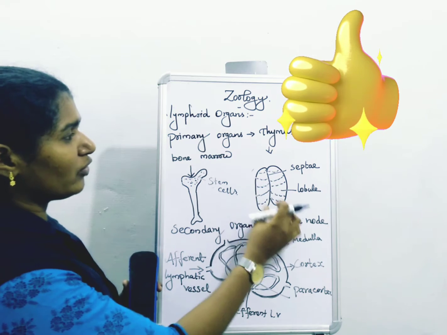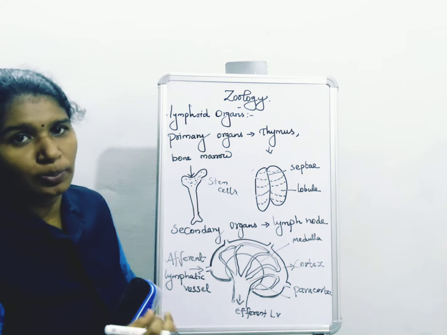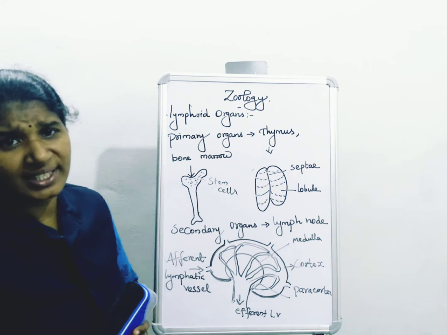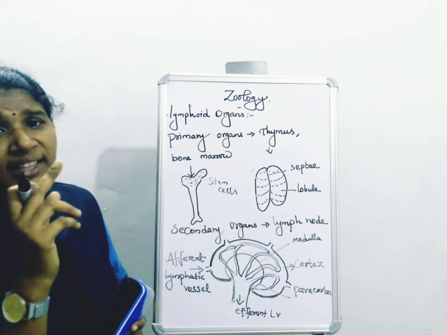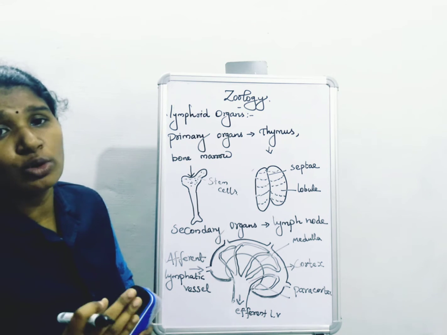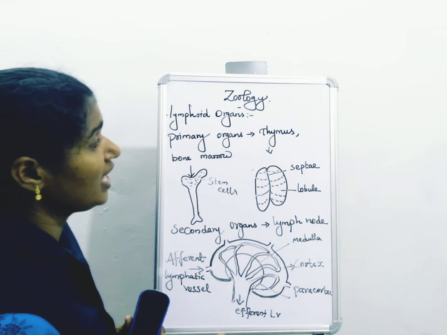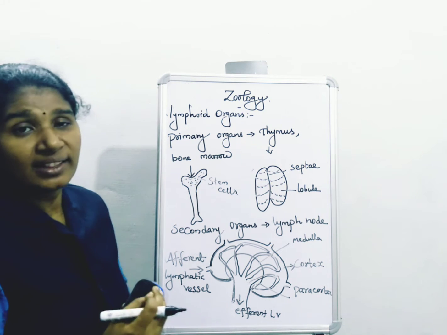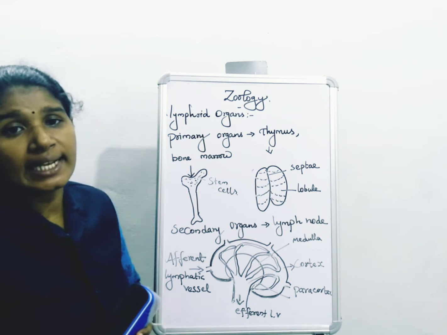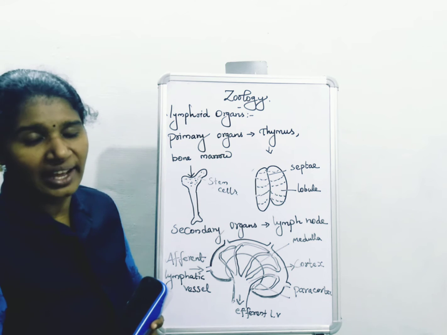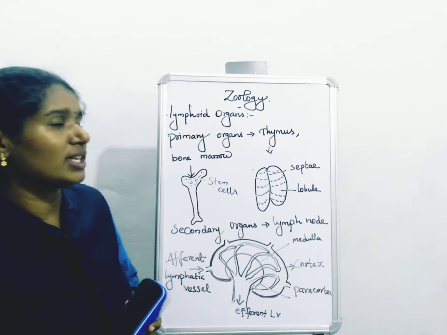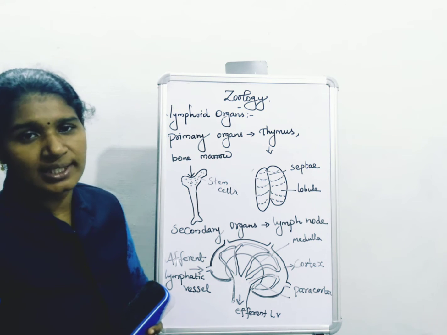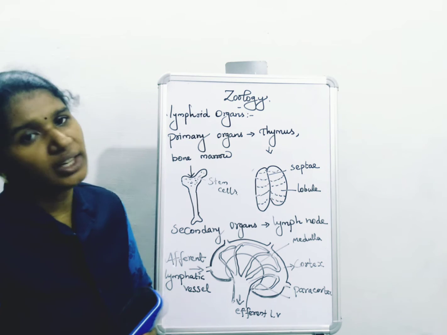The major work of the thymus gland is to produce the thymocyte, the T lymphocyte. And the thymus gland secretes the thymosin hormone, which acts as the immune power in our body.